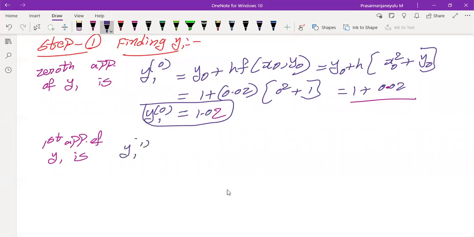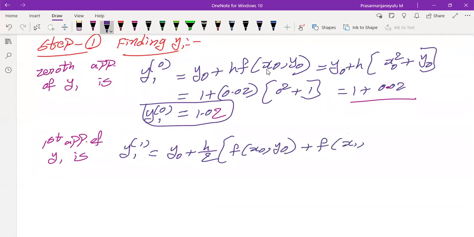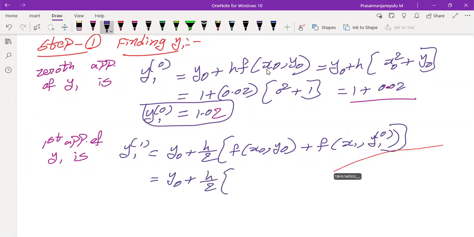The first approximation of y1 formula is y0 plus h by 2 into f of x naught comma y0 plus f of x1 comma 0th approximation of y1.